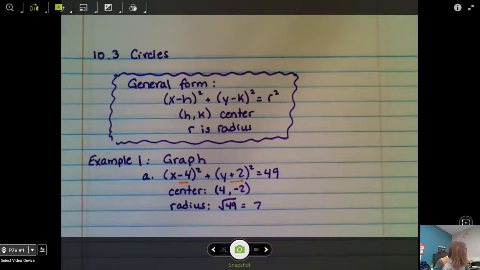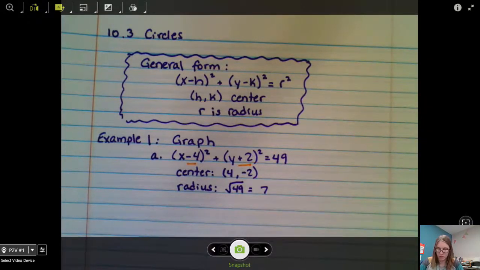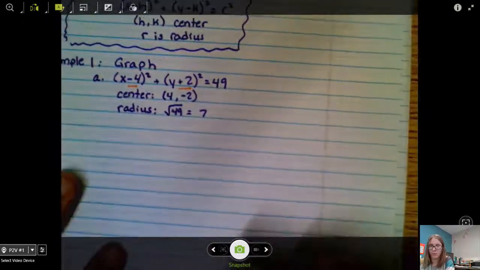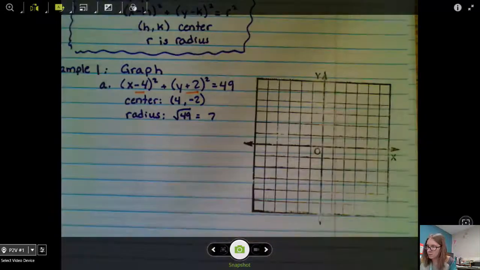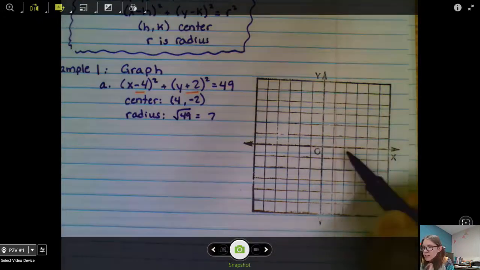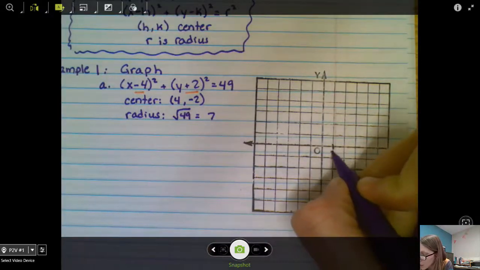To graph it, since my graph only goes up to 6, I'm going to make each value go up by 2 here.